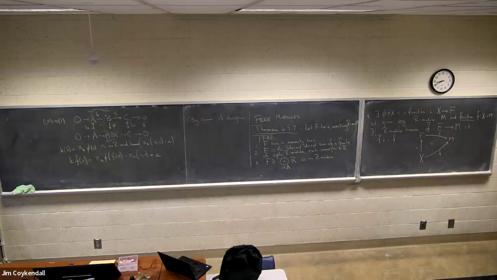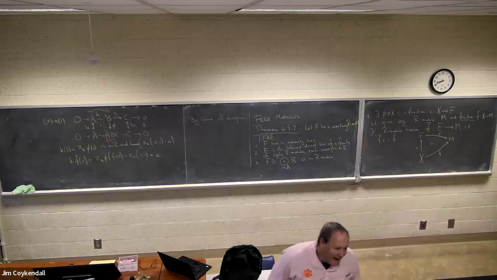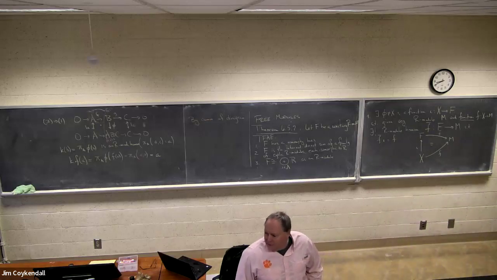So, what's the big thing that you all probably learned even in the beginning linear algebra course, when you looked at linear transformations from a finite dimensional vector space? Yeah.